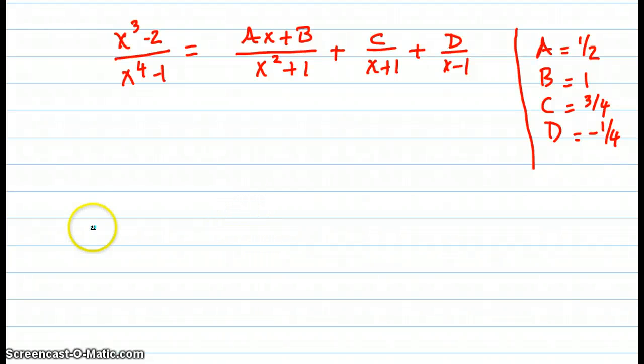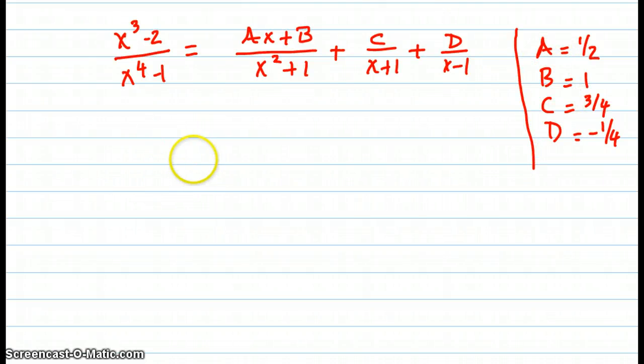So putting it all together, we assumed x cubed minus 2 over x to the 4 minus 1 is this quantity here as a sum of partial fractions, and we calculated the numeric constants a, b, c, and d.